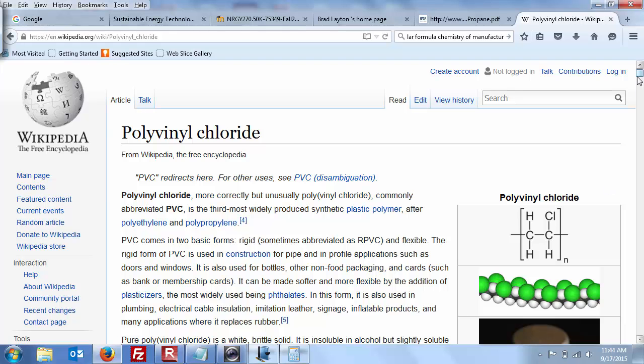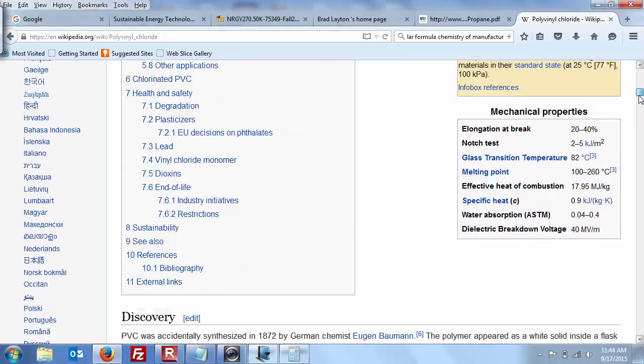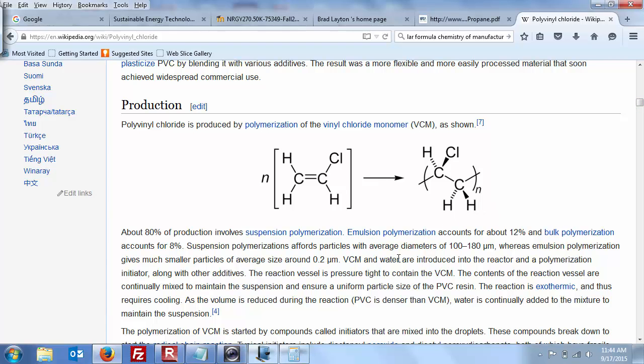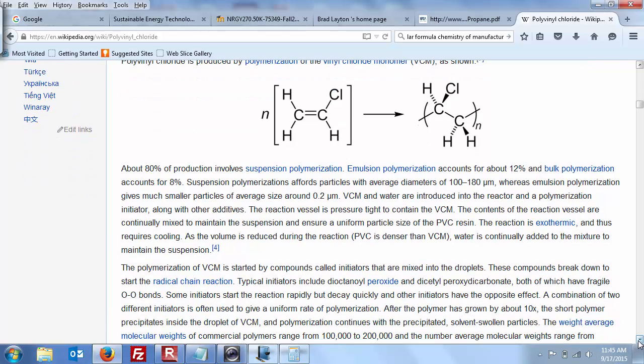Let's see if we can look at it here. Okay, here we go. VCM and water are introduced in the reactor. Water is continually added. Initially, breakdown, fragile, two different modules.